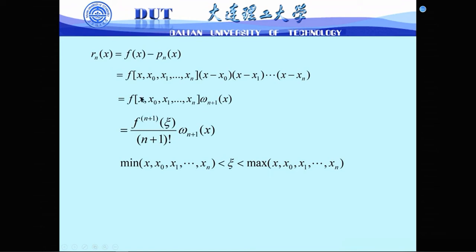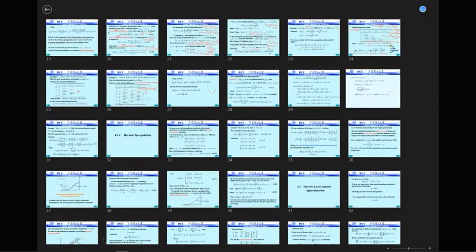But here you should know x is also a node, so c is between x0 to xn, of course, it means c is inside the interval AB, right? Actually, we just proved the result.